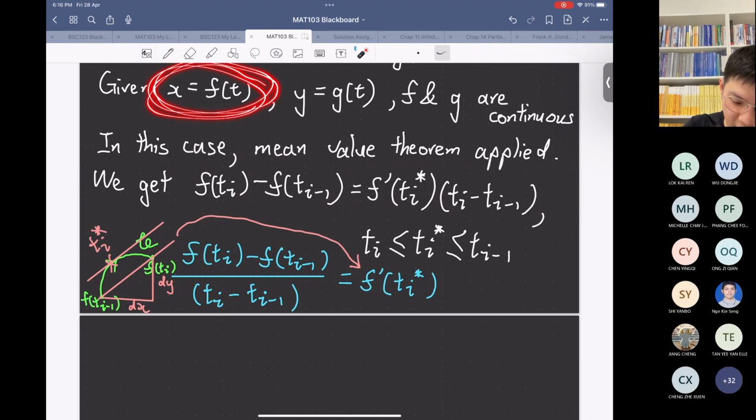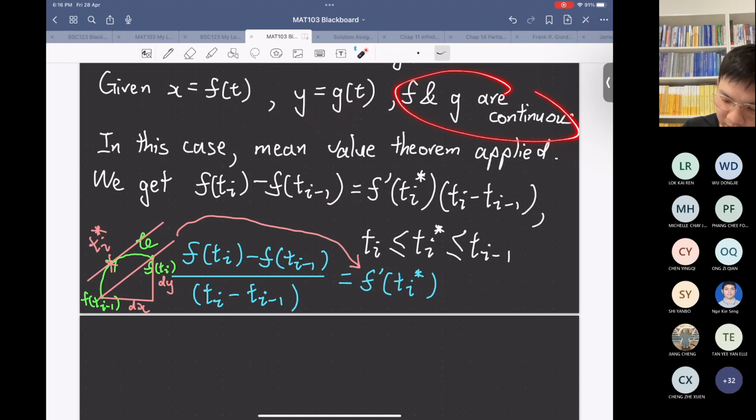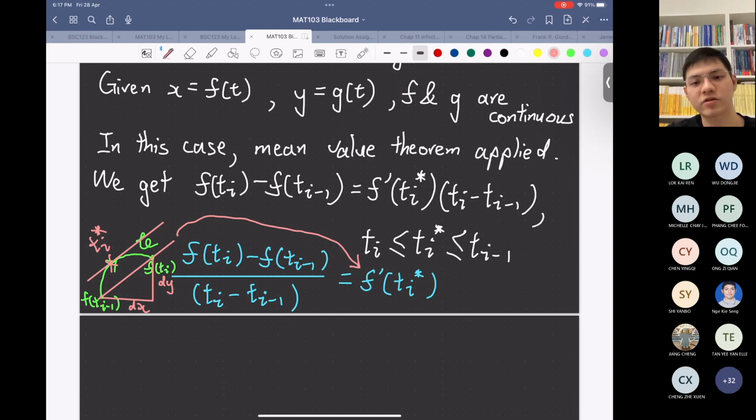Remember, our x is defined by a function f, and y is defined by a function g, and both of them are continuous. Actually, a plane curve needs continuity in the functions so that it sketches out a curve without breaking.